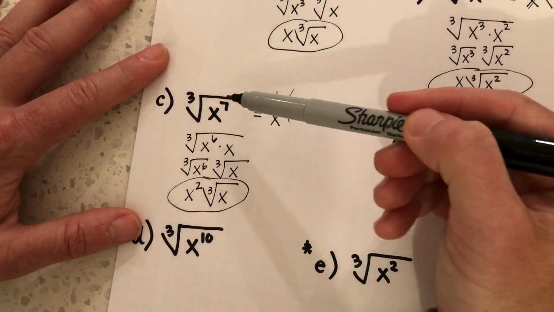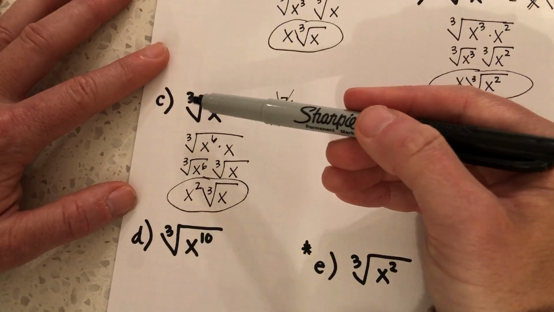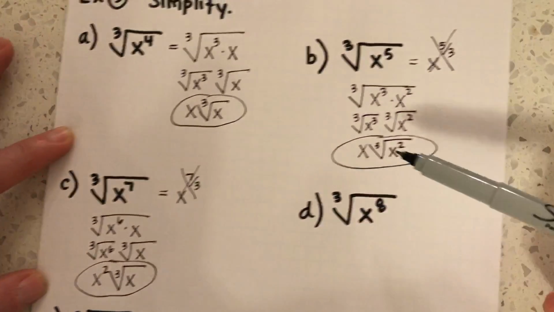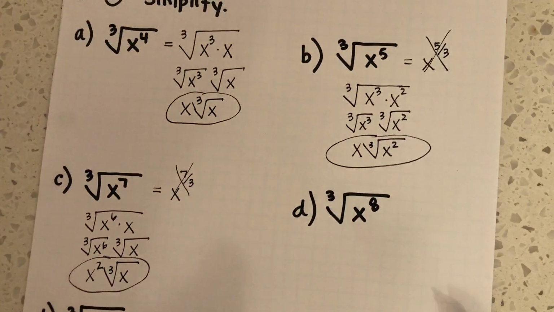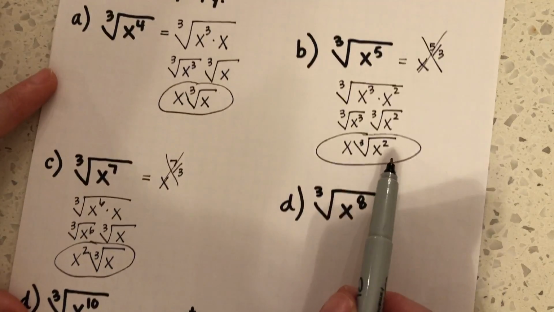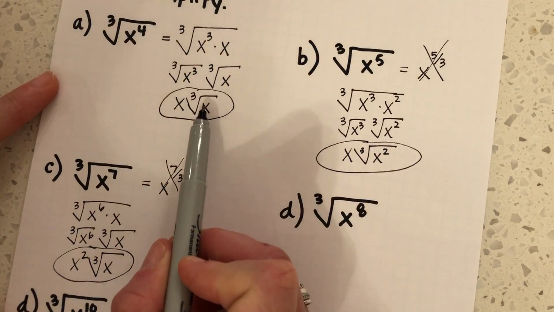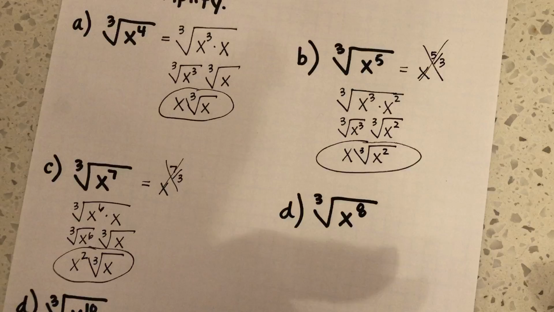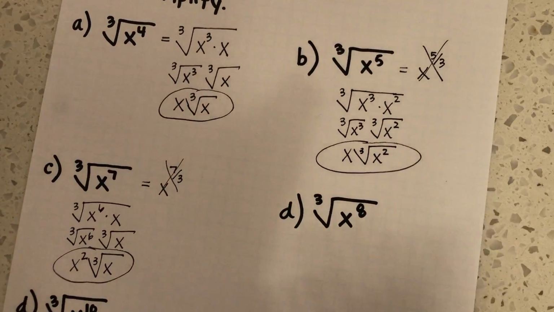So every time the power won't divide by the root, there's going to be something left underneath your radical, okay? And whatever's left under your radical should have an exponent lower than 3, which means it'll have an exponent of 2 or an exponent of 1. But anything bigger than 3 would have divided by 3.